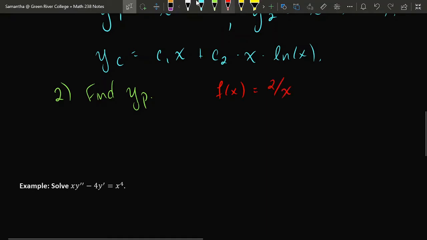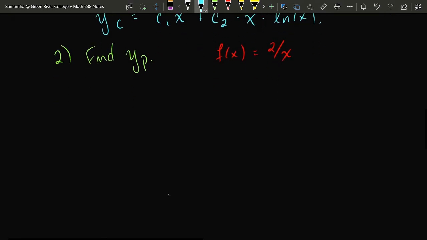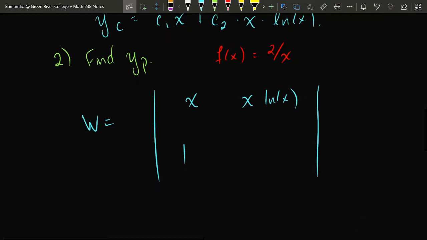We're also going to need to figure out the value of the Wronskian. So let's calculate W. In our first row, we have our two complementary solutions. And in the second row, we have their derivatives. So 1 is the derivative of x, and the derivative of x times natural log of x simplifies to 1 plus natural log of x via the product rule.